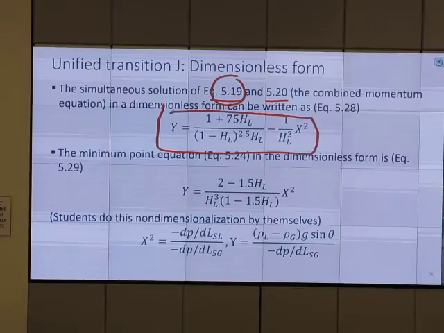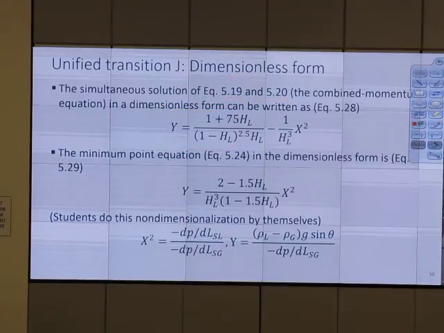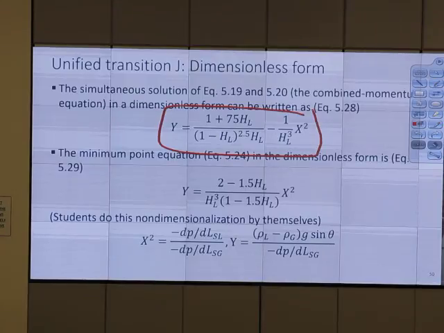I missed one equation actually. All right. Okay, look at this equation. This equation is a simultaneous solution that we have a graph. This is not that correct. Let's take a look at the book.